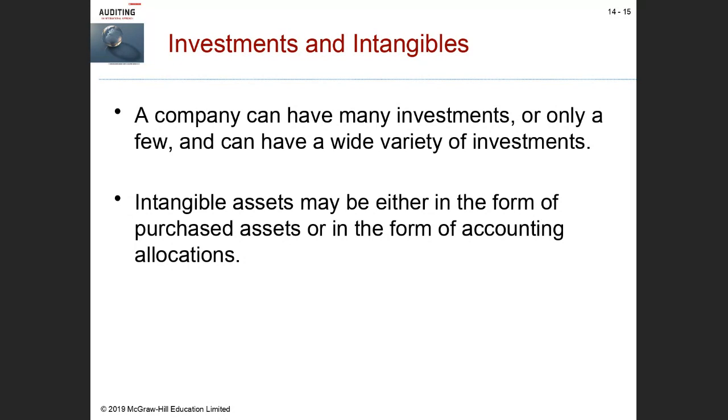And then in the form of accounting allocations, that could refer to costs which have been capitalized as assets. For example, on occasion, research and development costs are capitalized in the balance sheet. Again, that's money we've spent, we can't physically touch the benefit of those expenditures, but we know they may exist.